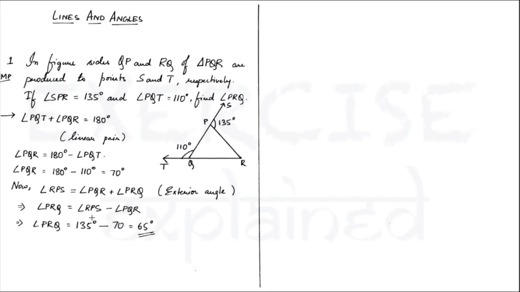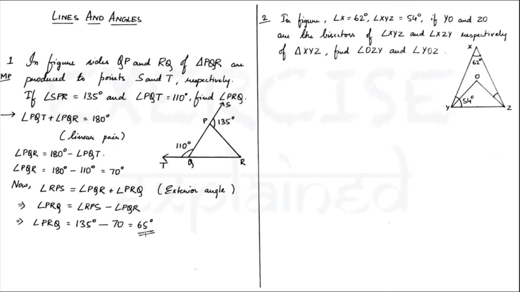RPS is 135 degrees. It is given in the question. You can see here it is given as 135 degrees minus PQR. We just found out that to be 70 degrees. So we get it as 135 minus 70, that is equal to 65 degrees. That's the required answer.